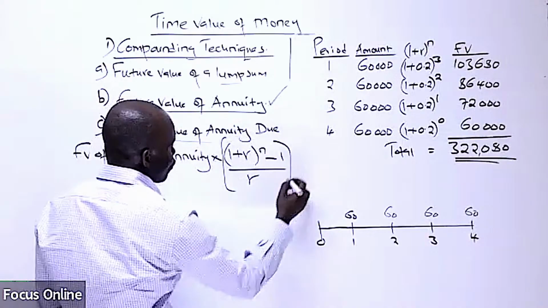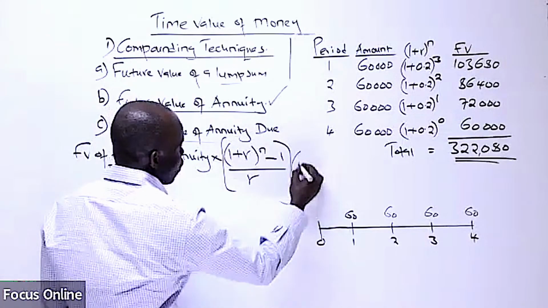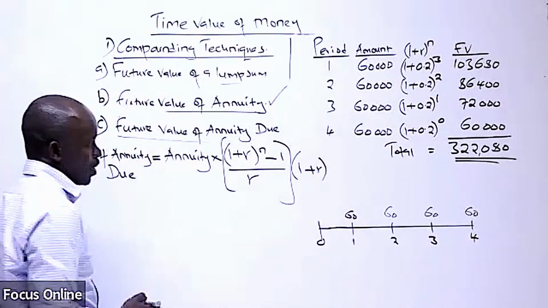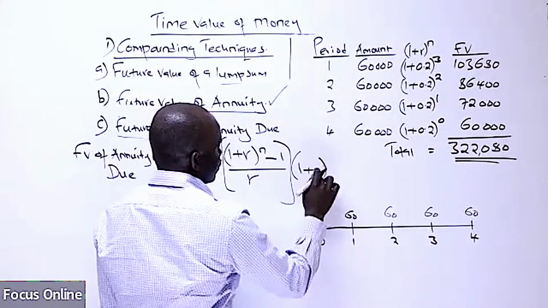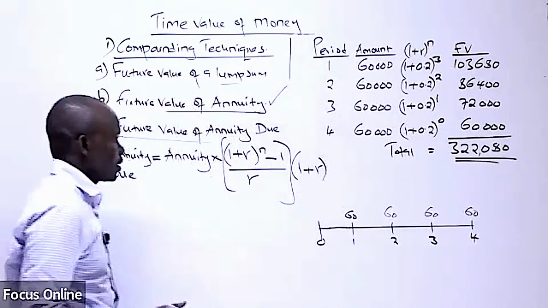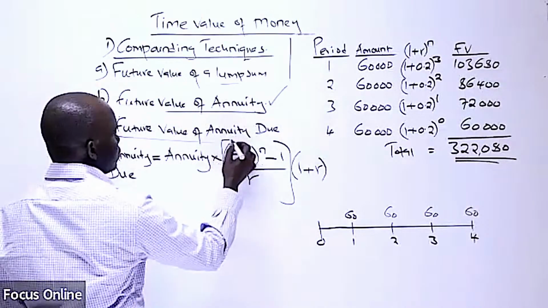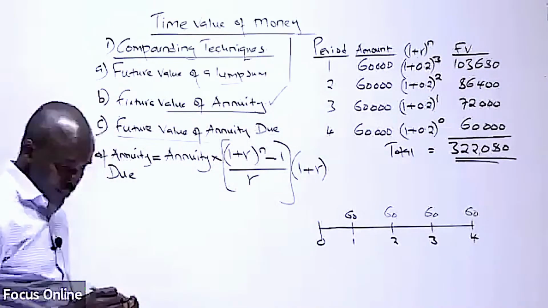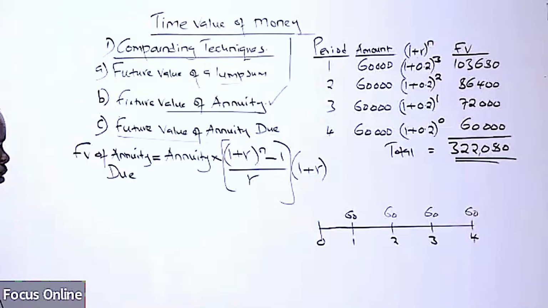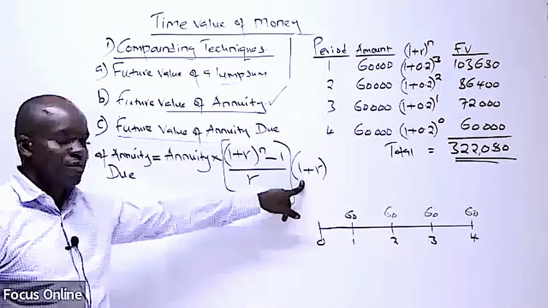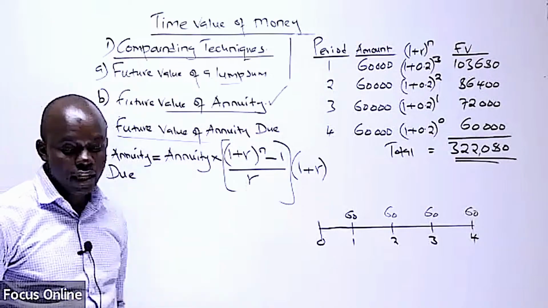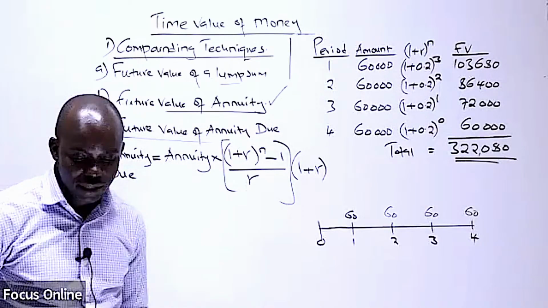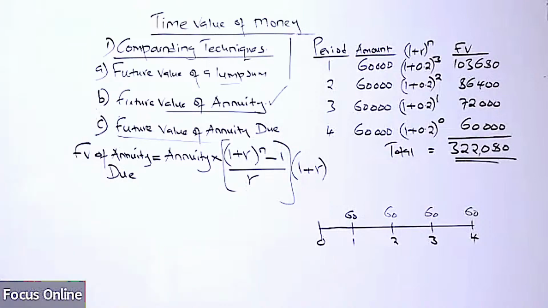Then we add another factor here, 1 plus r: 1 plus r power n minus 1 over r times 1 plus r. So this is now what gets us the element of investing at the beginning of the period. So you can write that.